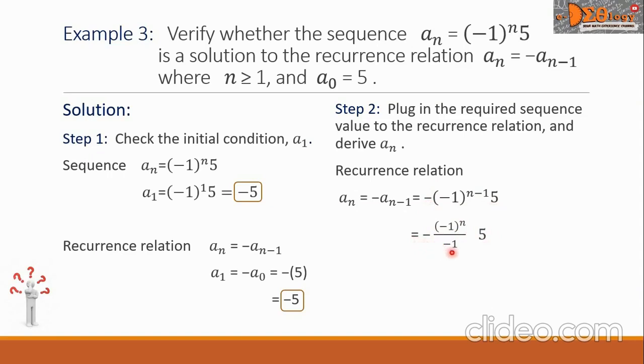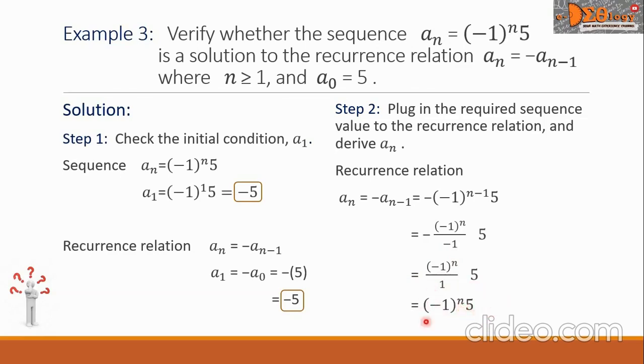This negative and negative in the denominator can be cancelled out into positive. So this becomes negative 1 raised to n all over 1, then times 5. In our fraction, since our denominator is 1, we can cancel this. So it becomes negative 1 raised to n times 5.